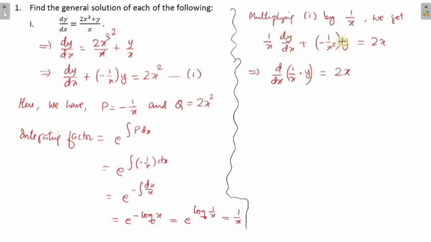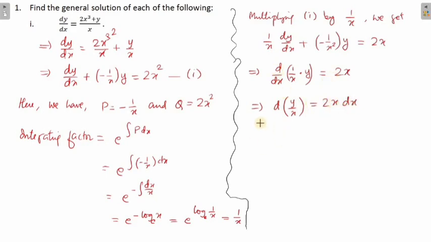Now keep y as it is and differentiate 1 by x, you get minus 1 by x square. Simple. So from here, you bring this dx out here. You get d of y by x, and here you get 2x dx.